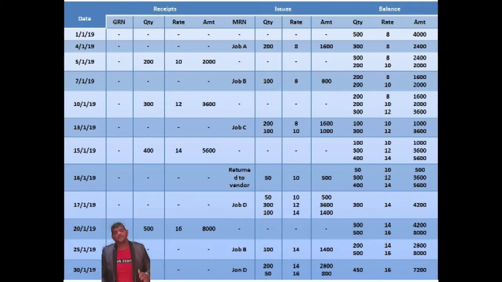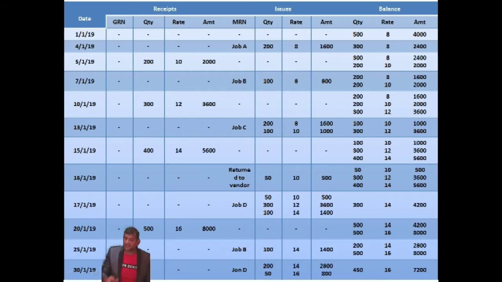So let us open columns for the stores ledger account under first in first out method. Date. Then we have receipts. Under receipts, we have a GRN column, quantity, rate and amount. Then open the issues column. Under issues, we have MRN, quantity, rate and amount.